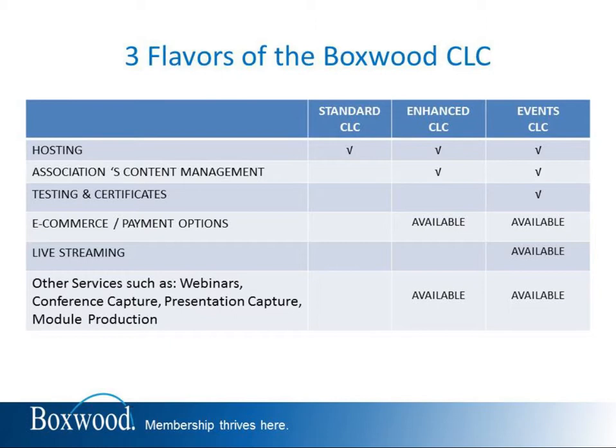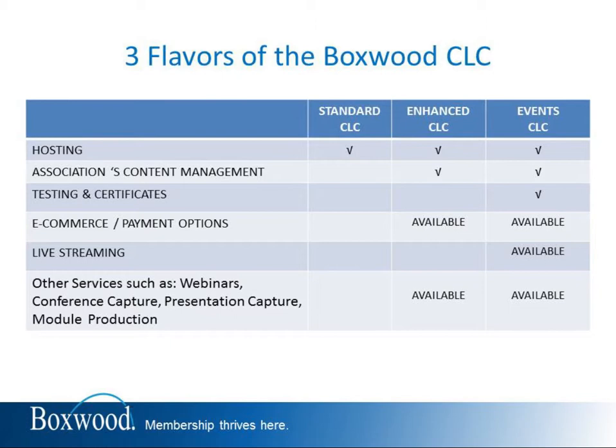Our Boxwood Career Learning Center has three flavors. There's a Standard Career Learning Center, the Enhanced Career Learning Center, and the Event Career Learning Center. We just went over the Standard Career Learning Center, which is the free option that comes with your job board. With the Enhanced Career Learning Center, we enable the association to upload your own professional development content online.